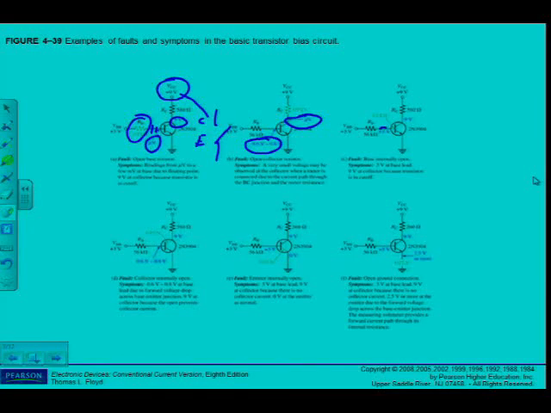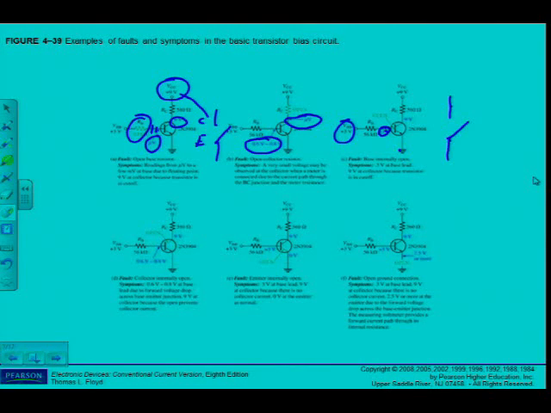So I get a 3 volts meter reading there when I put my multimeter and measure from base to ground. 3 volts. What is the supply? Also 3 volts. So I can see that the base must be internally open, because I'm measuring up to the base and I get 3 volts. It should have been approximately 0.7, so it means again that the transistor is in cutoff.